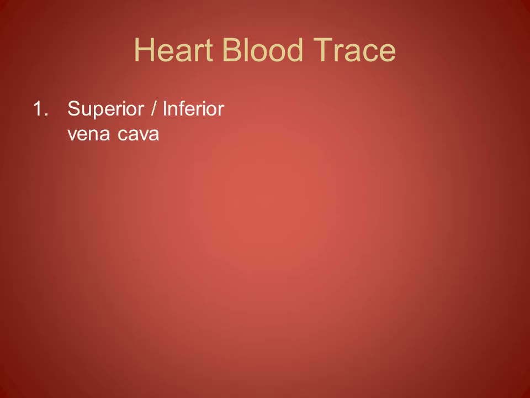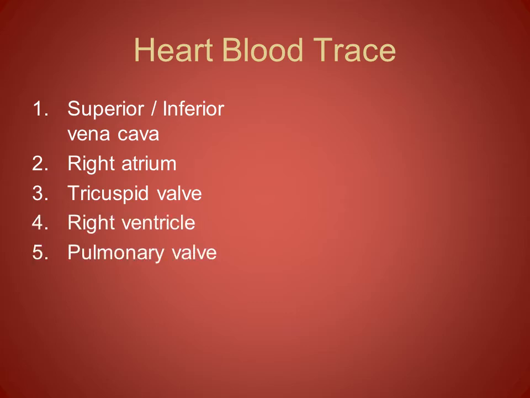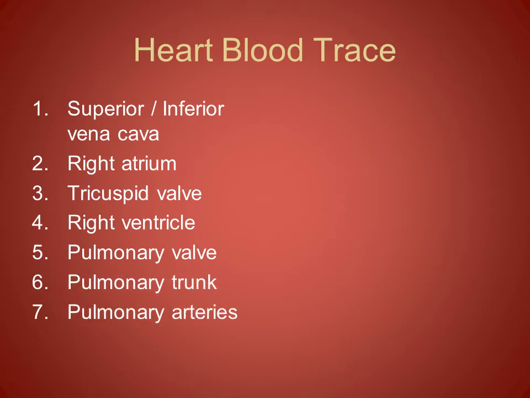If we trace the blood as it comes to the heart, first it's going to be arriving by either the superior or the inferior vena cava, depending on whether it's coming from the upper portion of the body or the lower portion. From there, it's going to flow into the right atrium, through the tricuspid valve, into the right ventricle, through the pulmonary valve to the pulmonary trunk. From the pulmonary trunk, it will branch and go through either the right or the left pulmonary artery, going to the lungs.